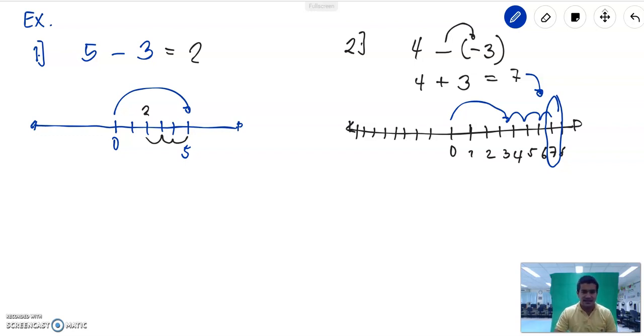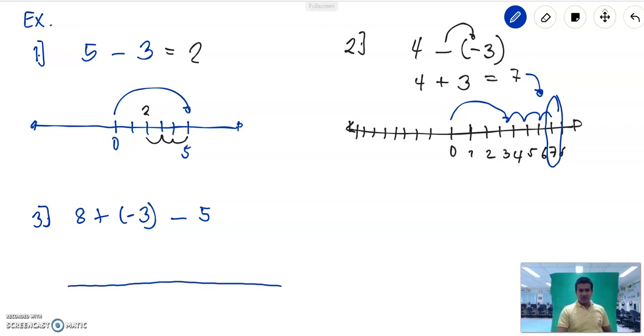Okay, last example. So let's say we will have 8 plus negative 3 minus 5. Okay, so this one is a combination of addition and subtraction. So from 0, we'll go to 8, right? 1, 2, 3, 4, 5, 6, 7, and 8. So here, we'll jump from 0 going to positive 8.